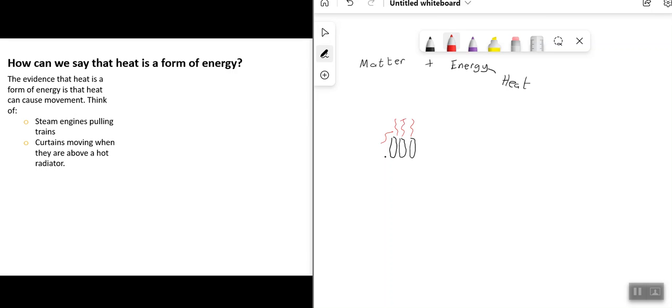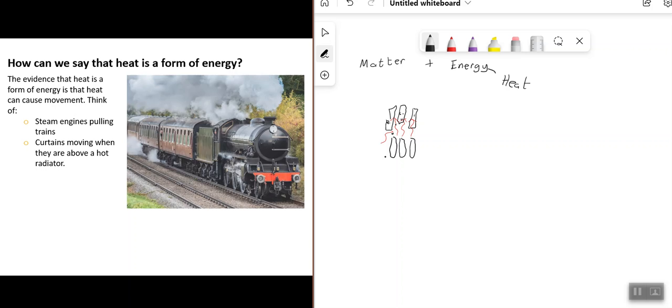The heat will actually move up like this, and then if you have curtains, the curtains will be here, and what's actually happening is the particles of air are hitting against the curtains and they're causing the curtains to move around. So again, you're showing that the heat energy is causing the curtains, for example, to move.